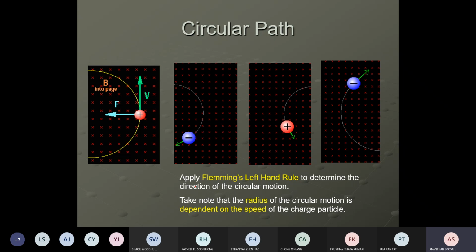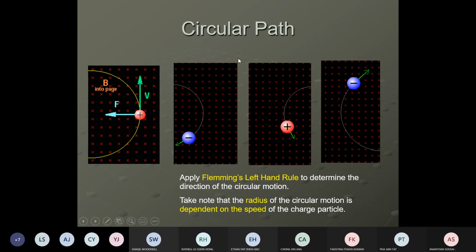So apply the Fleming left-hand rule to determine the direction of force. Take note, the radius of the circular motion depends on the speed. The faster it moves, the radius will change accordingly. Now, unfortunately for you, because this charged particle moves in a circular path, all the questions asked in circular motion will be asked here.